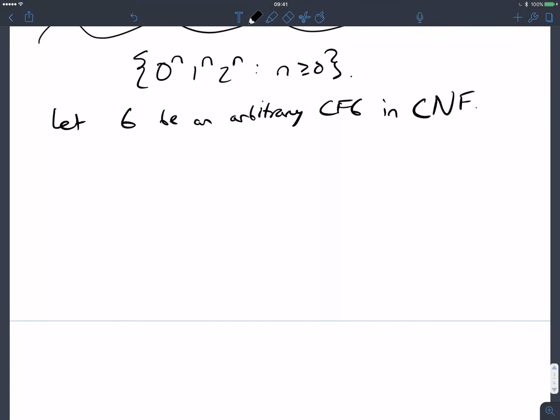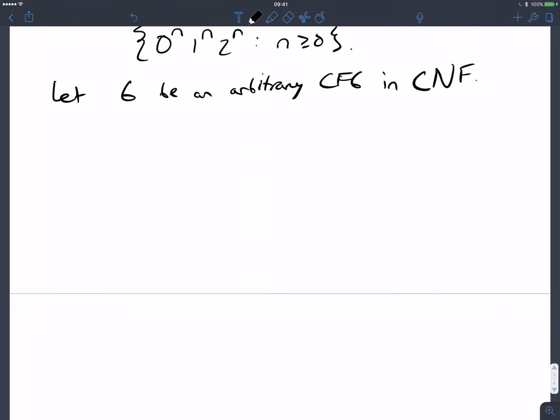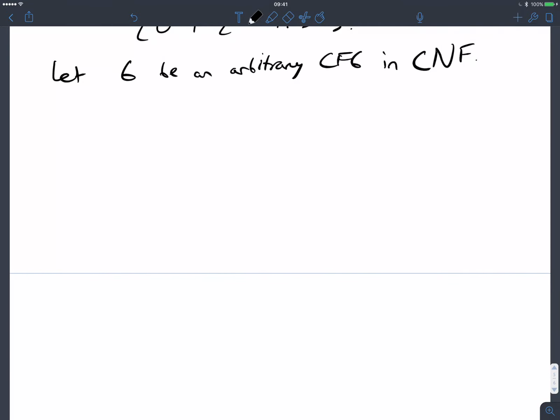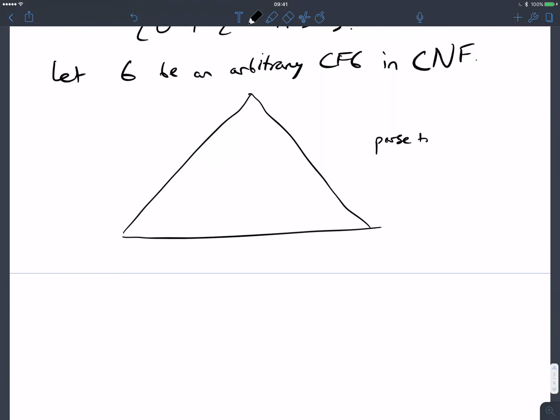Parse tree. It seems like a parse tree is more graphical. And so like the DFA black box example, let's look at an arbitrary parse tree, because those are equivalent to leftmost derivations. So let's say that this is an arbitrary parse tree for some string that G can generate.